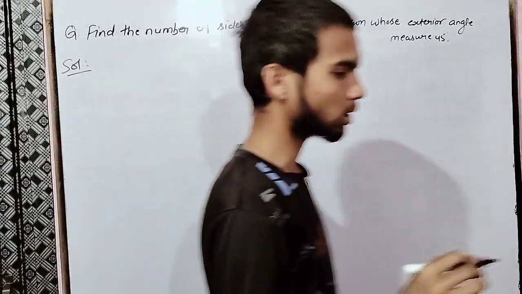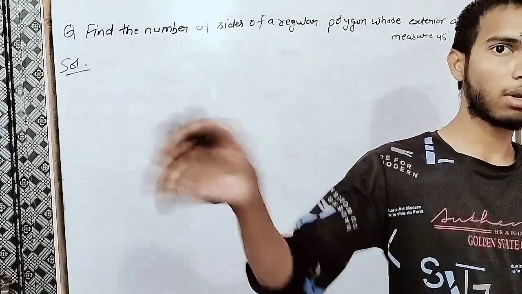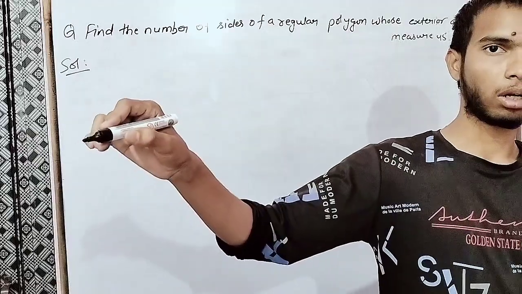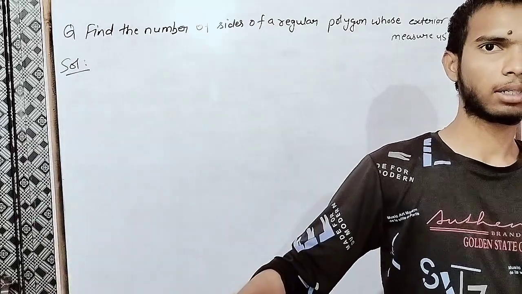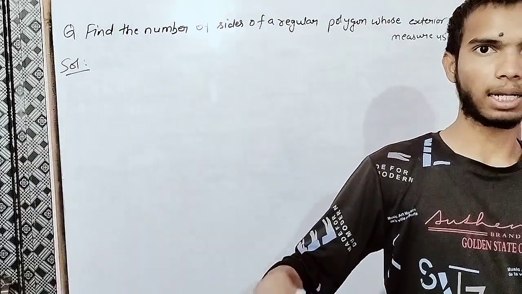Now find the number of sides. It is not saying find the measure of each interior angle, each exterior angle, the total of exterior angles, or the total of interior angles.